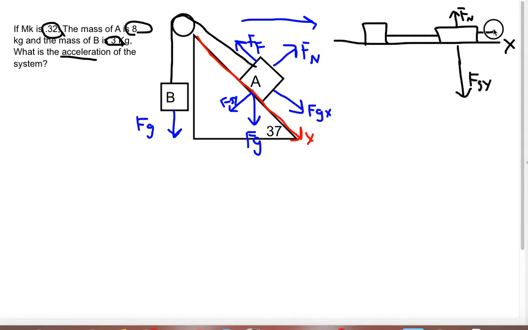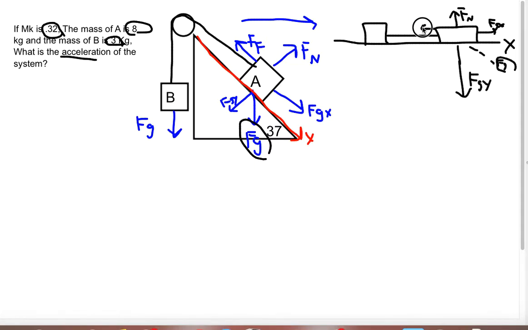I have F of G of X. I'm not going to draw in my F of G, which would be somewhere right here, because we are going to actually split him into both of his components, and then we don't need to worry about him anymore.